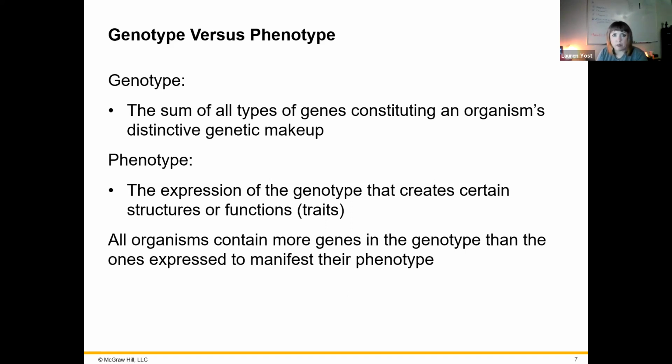That's your phenotype, because you are expressing as though you were normal, but you'd be carrying that gene still within your genetic makeup. That's your genotype. So that's phenotype versus genotype.